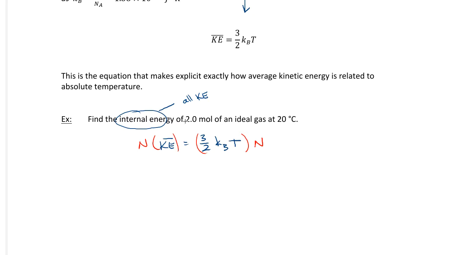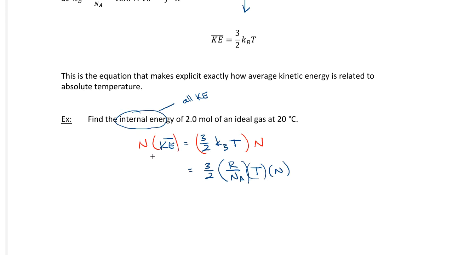We could do that and work out the number of molecules from 2 moles, but let's actually just do a little bit of rearrangement first. Let's put Boltzmann's constant back into the form that we saw before, and we'll actually get a new equation from this as well. So Boltzmann's constant was defined as being equal to the gas constant divided by Avogadro's number. Then we still have our temperature, and now we're multiplying by N on this side. And this on the left is what we're looking for.